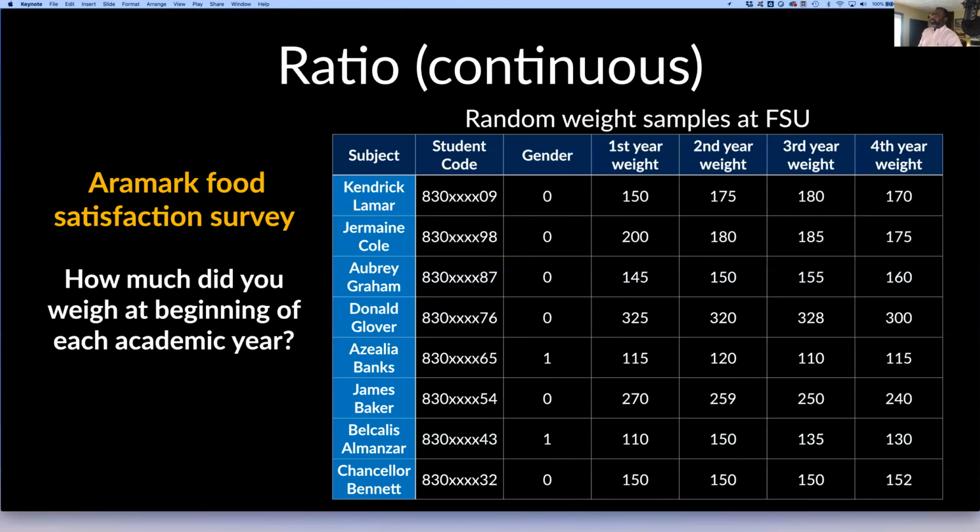It'll tell us, especially if you have 10,000 or 2,000 or 300 cases, you can't visually look at each number. You have to rely on the modeling to tell you if there's a relationship between gender and weight loss or weight gain. So there's definitely ways to do that. Just wanted to show you.